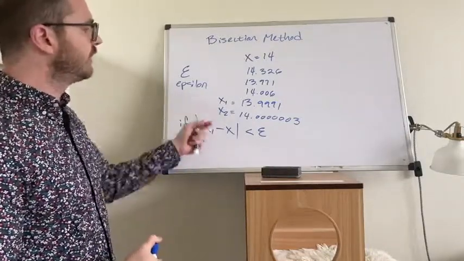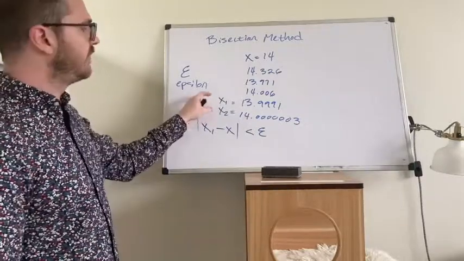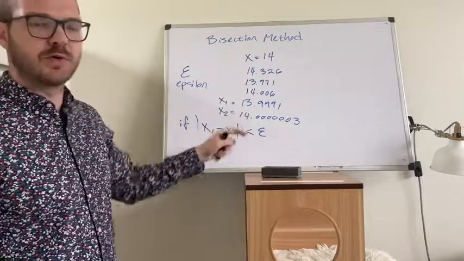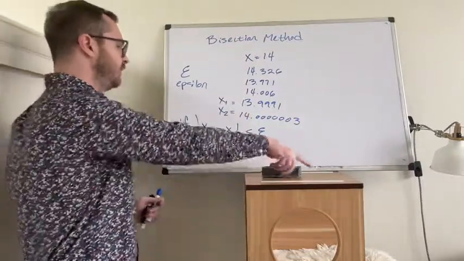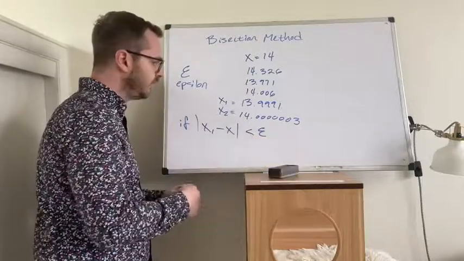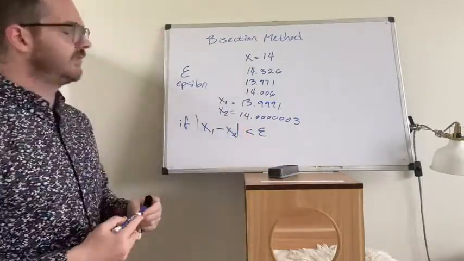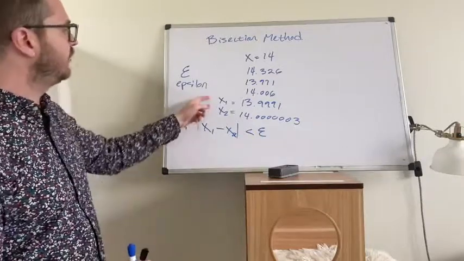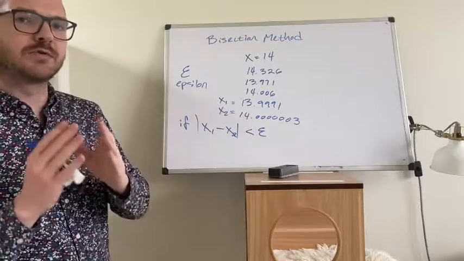So here's the new interval, and we know that some root exists on this interval, right? Because we can do an evaluation on this, a sign check. We can see that there's some kind of root. So what we'll do now is we'll modify this, and we'll say x1 minus x2. Remember the x1 and x2, these are the two bounds on your interval, right? And these are going to get closer and closer together.